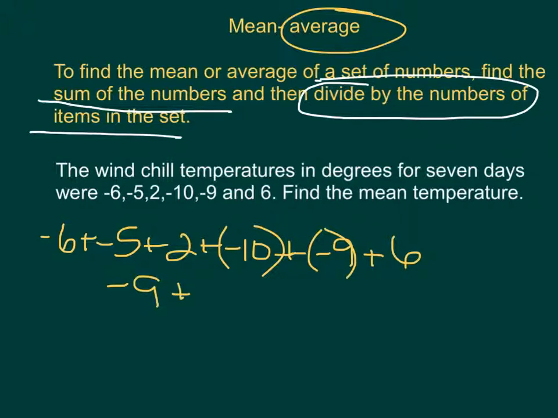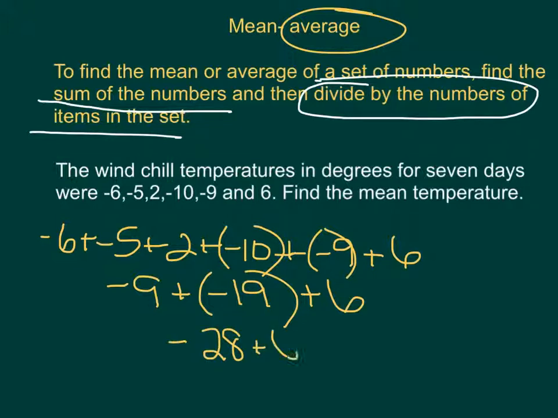I'm going to go ahead and combine my two negatives over here. So this would be a negative 19 plus 6. So we have negative 19 plus a negative 9, which is going to give us a negative 28 plus 6.